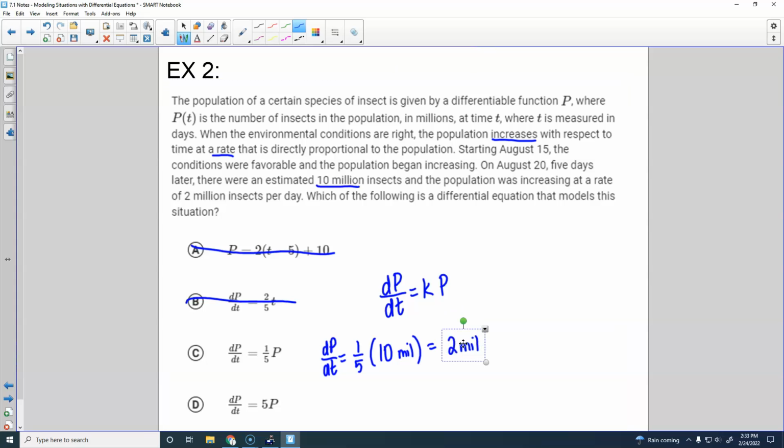That is your rate, right? So your rate at this time should be 2 million per day, which if you plug in 10 to this, you get 2 million per day. But if you plug in 10 to the second equation, you will get 50 million, which is not the rate. So it should be C, I think.